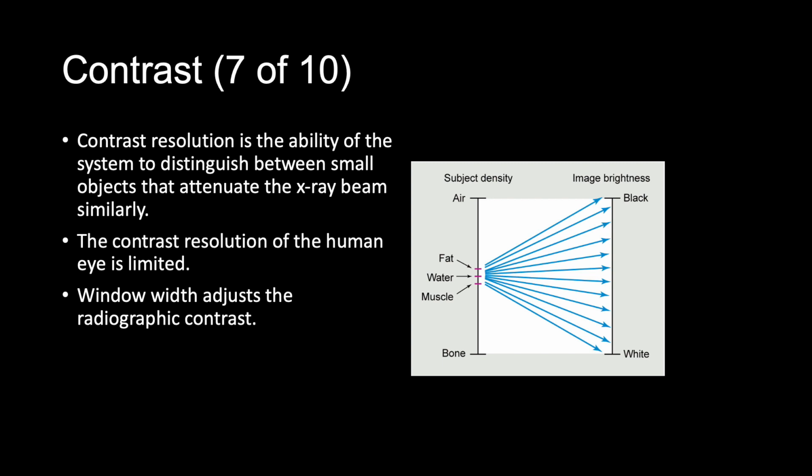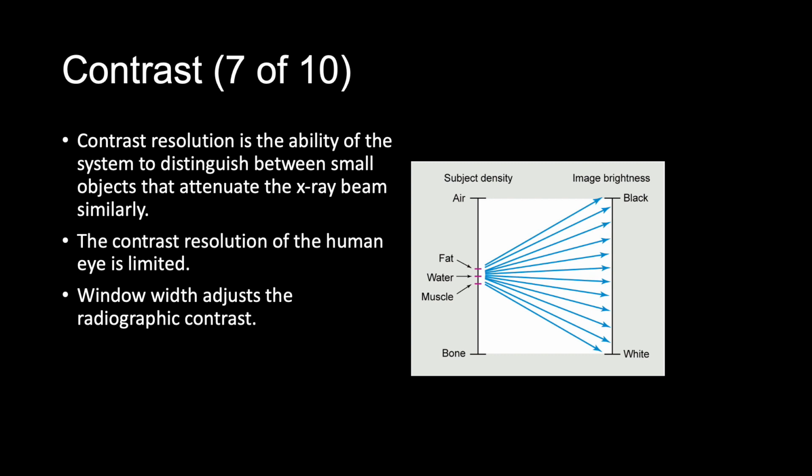The depth of the pixel is determined by bit depth, which affects the number of shades of gray available for the image. Increasing the number of shades of gray increases the contrast resolution within the image. An image with increased contrast resolution is going to increase the visibility of recorded detail and the ability to distinguish among small anatomic areas of interest.